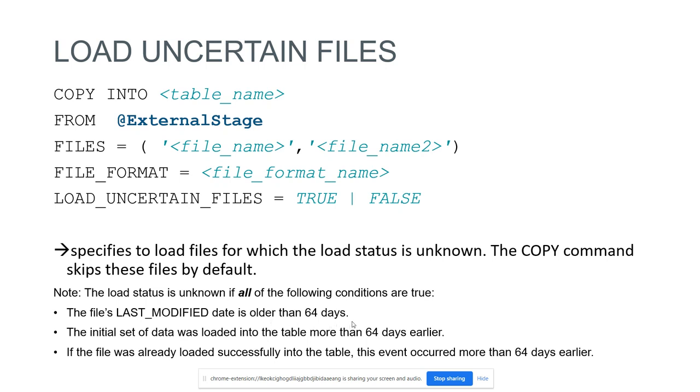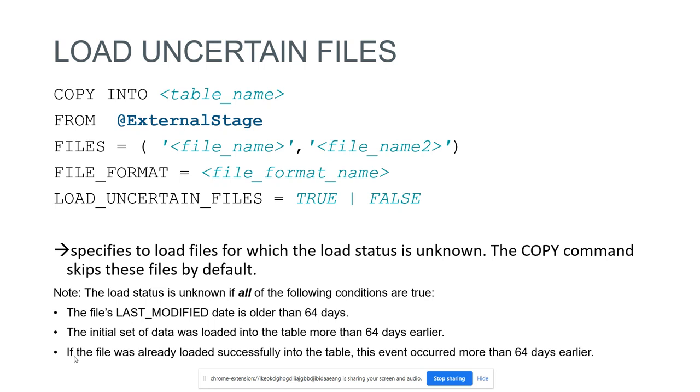That means the file came into the stage 64 days back. The initial set of data was loaded into the table more than 64 days ago. So the file came 64 days back and the data was loaded 64 days back, but still the file is present in that stage.